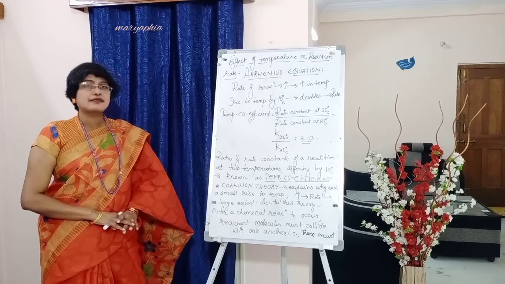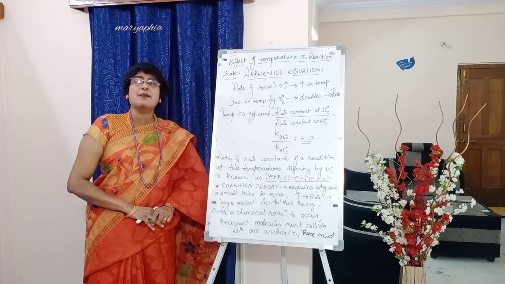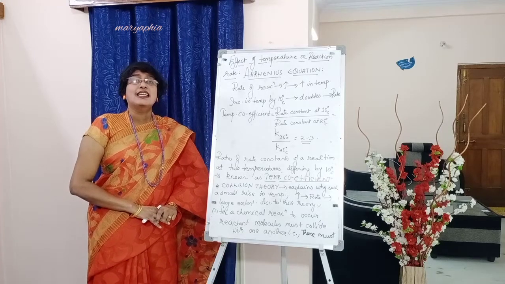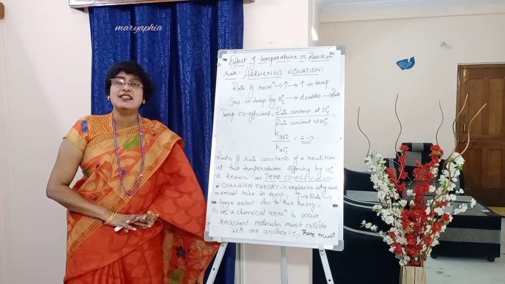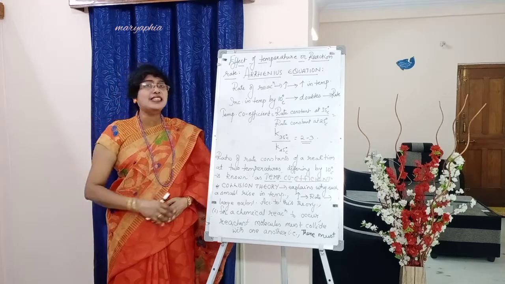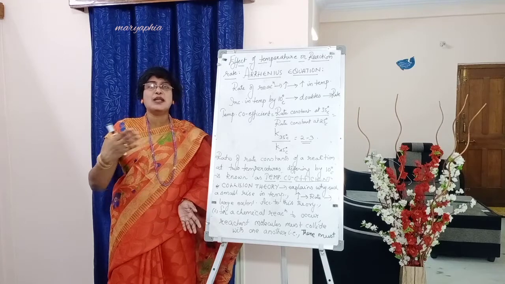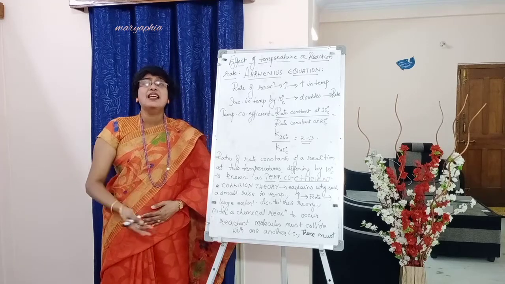So why is such a small rise in temperature increasing the rate of reaction to a large extent, almost doubling the rate of reaction? Okay, so if it is 100, it will become 200. If it is 50, it will be 100.